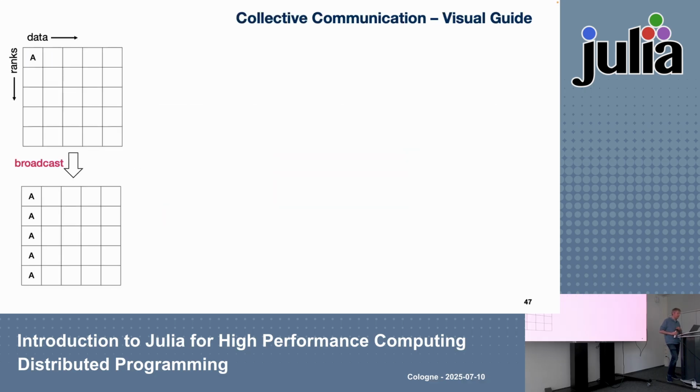Now for the other collective communications, here is a visual representation. And what we see here are the ranks in the Y direction and some data in the X direction. So here we have rank 0, 1, 2, 3, 4. And there's some data.